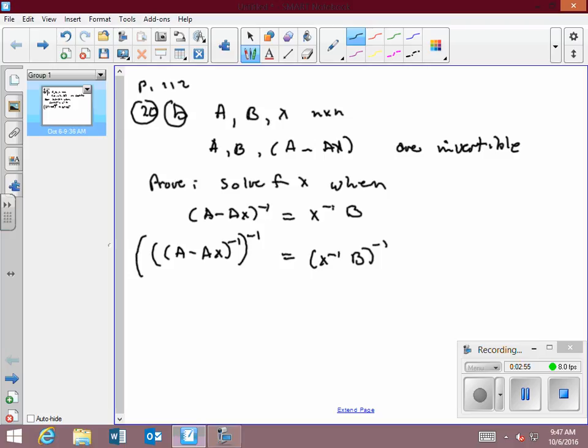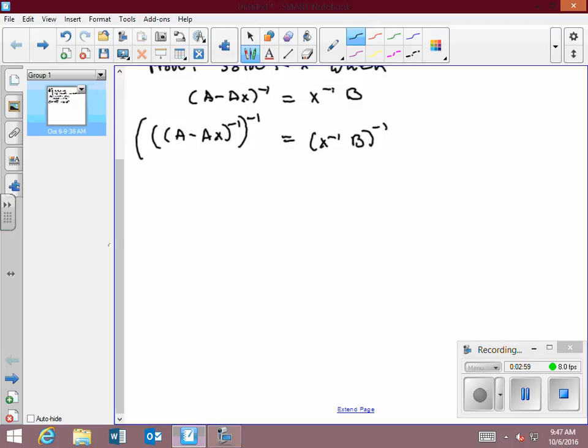Now, if you look at theorem 8 and you look at B and A, you can say that this thing right here is A minus AX.